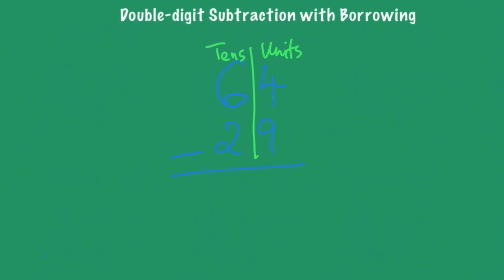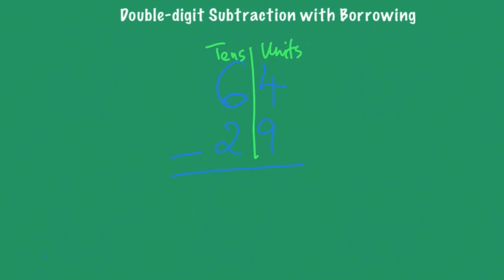So, let's start with 4 minus 9. Is that even possible? How do I do 4 minus 9? 9 here is bigger than 4. So, that's when borrowing comes in. Where do I borrow from? So we borrow from the tens section into the unit section.